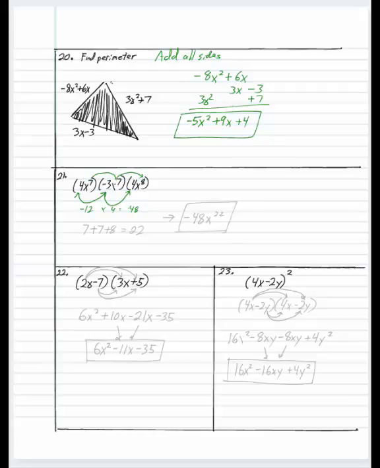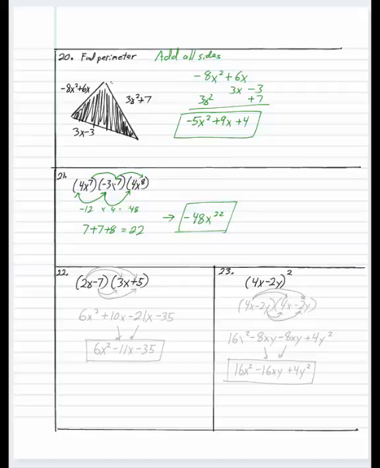Alright, 22. We're just going to FOIL. First we'll do 2x times 3x. Well, 2x times 3x is 6x squared. Next we'll do 2x times 5. 2x times 5 is 10x. Then we'll do negative 7 times 3x.